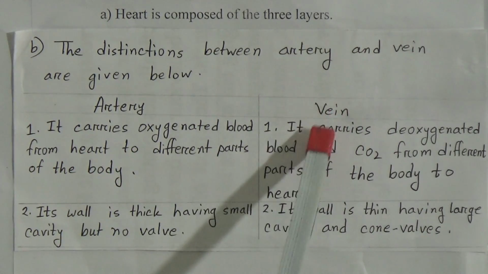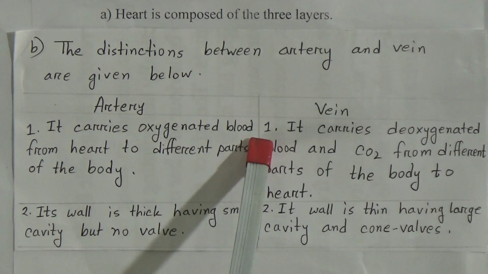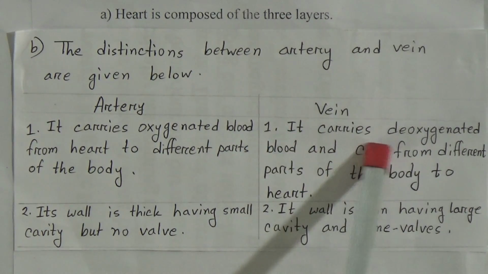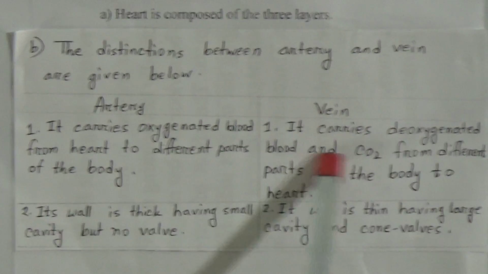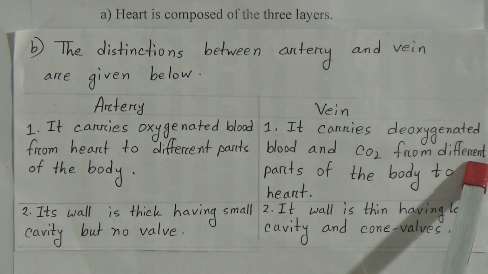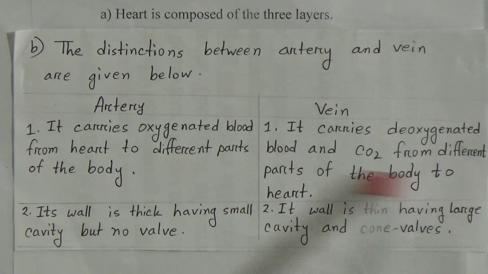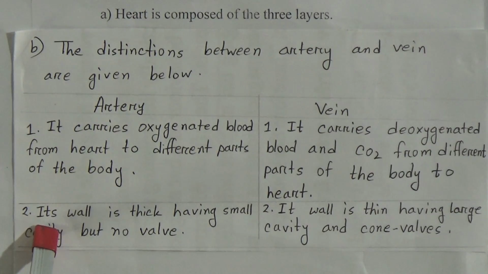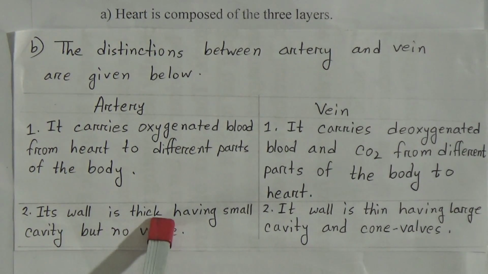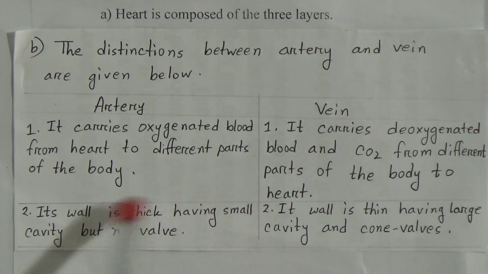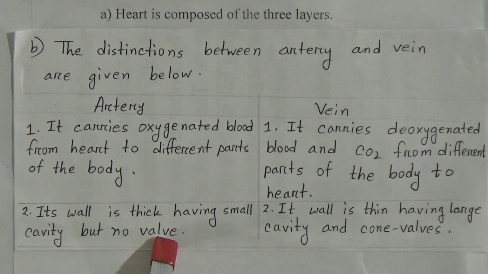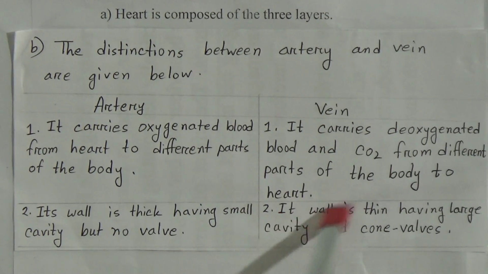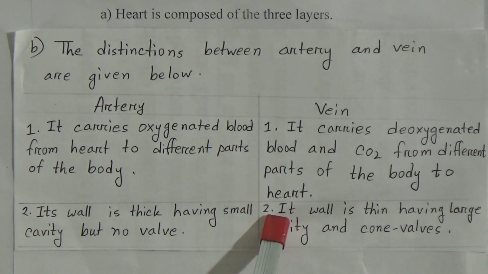And this portion is vein, and the 1 number difference is, it carries deoxygenated blood and carbon dioxide from different parts of the body to the heart. The 2 number point for artery is, its wall is thick having a small cavity but no valve. And the 2 number point for vein is, its wall is thin having a large cavity and valves.